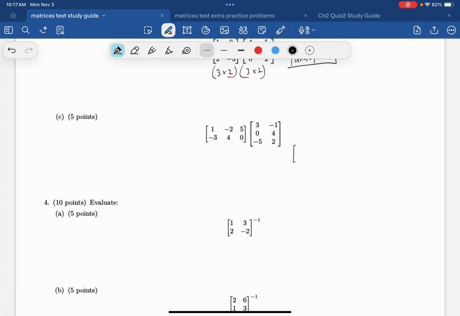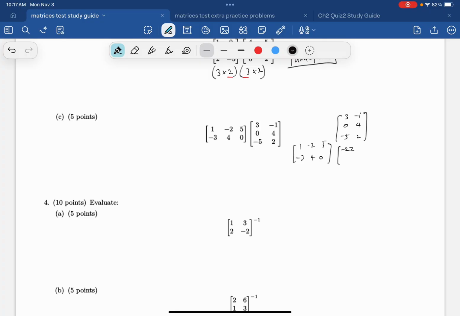So I'm going to put the first matrix on the left. The second matrix on the top. I'm going to end up with a 2 by 2 matrix. And what are the elements? I have 3 plus 0 minus 25. It's minus 22. And then I have negative 1 minus 8 plus 10.